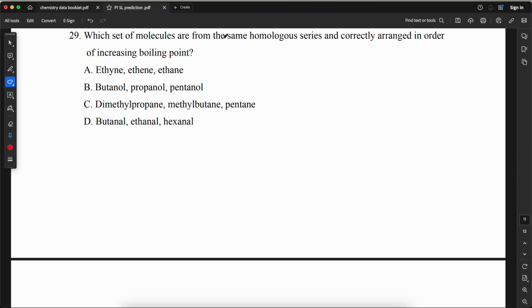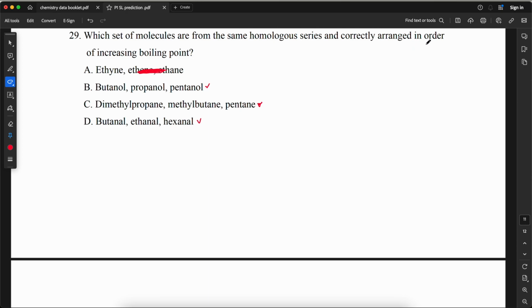Which set of molecules are from the same homologous series and correctly arranged in order of increasing boiling point? Ethyne, ethene, ethane. No, it's not a homologous series because they don't come from the same functional group. Butanol, propanol, pentanol, homologous series because they are all alcohols. Propane, butane, pentane, these are all alkanes. Butanol, ethanol, hexanol are also all alcohols.